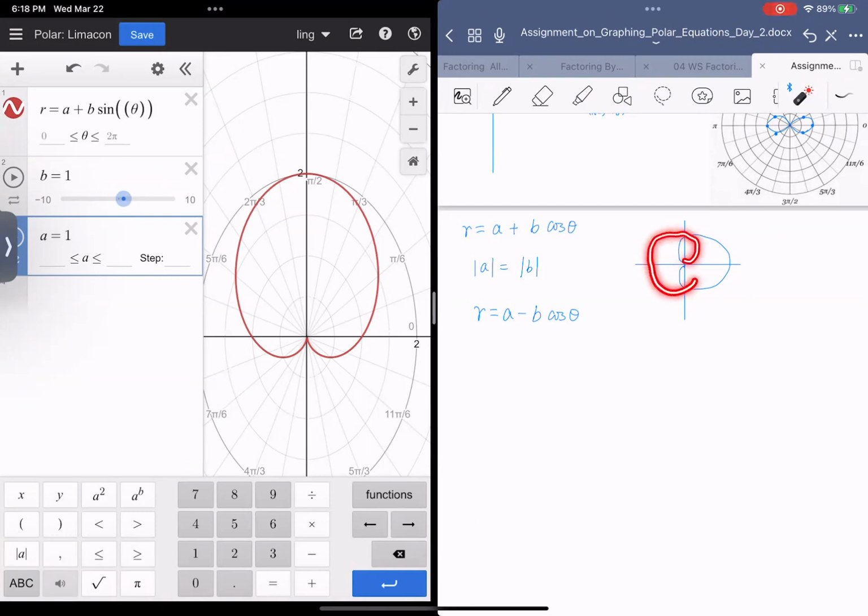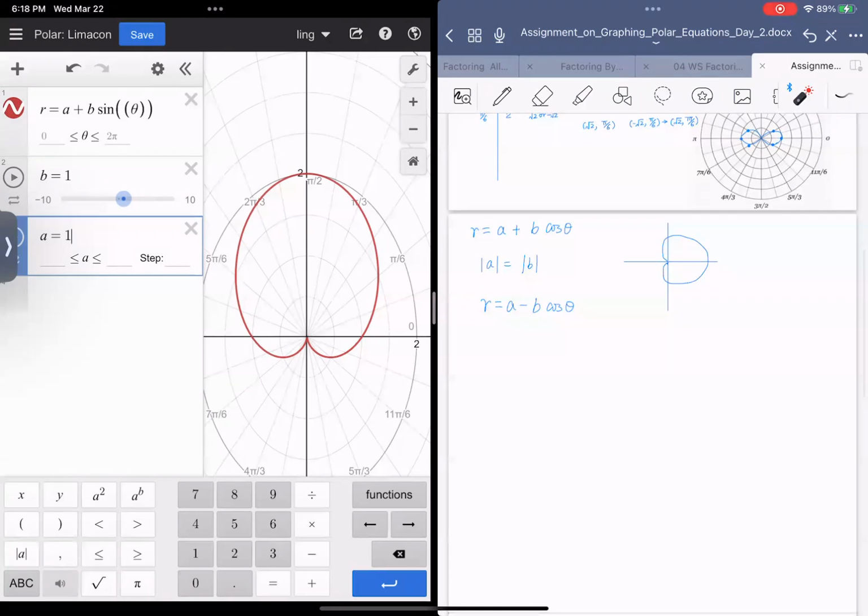If it's sine, then it's going to be like this. If it's minus, it's going to be like this. So this is no inner loop, when A and B are equal in absolute value.